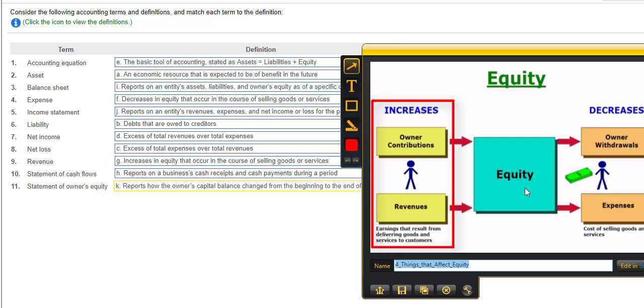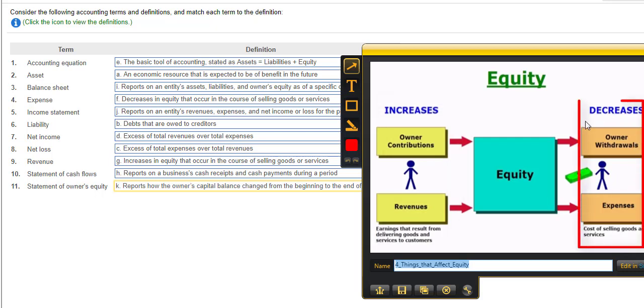And then the way that equity decreases is the owner takes money out to spend on him or herself for personal use. That's an owner withdrawal. Or they take money out or promise to pay for it later for running the business, such as your telephone bill, your gas bill, your insurance, etc.